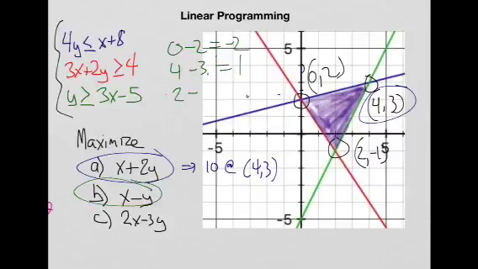And 2 minus a negative 1 is 3. So my maximum value is 3, and that's at the point 2, negative 1.